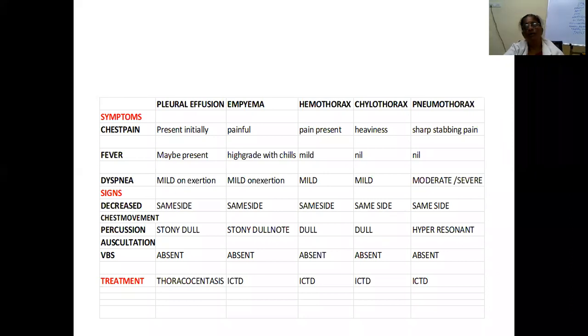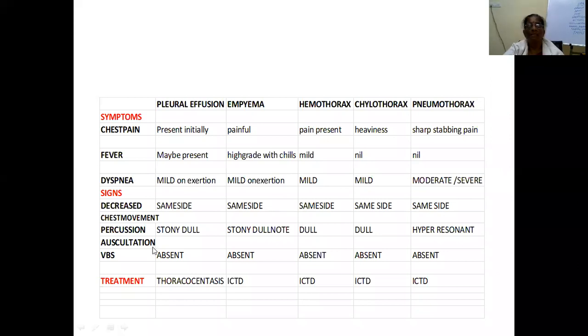Percussion, fluid shows a dull note, so all fluid conditions will have a dull note or stony dull note, and pneumothorax will show a hyperresonant note. And I have forgotten to put hydropneumothorax in the table. For hydropneumothorax, the percussion note is both dull and resonant because of the combination of air and fluid, and there will be a sign of shifting dullness.